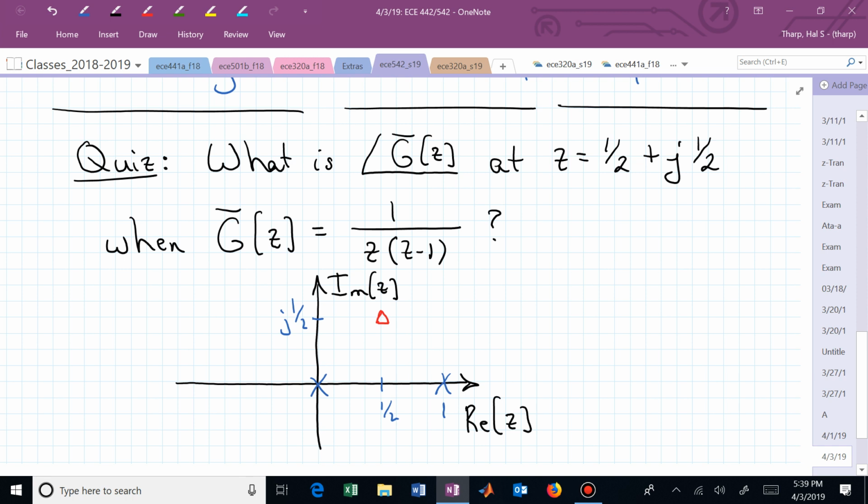Maybe you have a protractor that pops out of your phone, since everything derives from your phone these days. But you could, in fact, replace both of those z's in the formula for g bar of z with 1/2 plus j 1/2 and solve it and find the angle associated with that complex number.